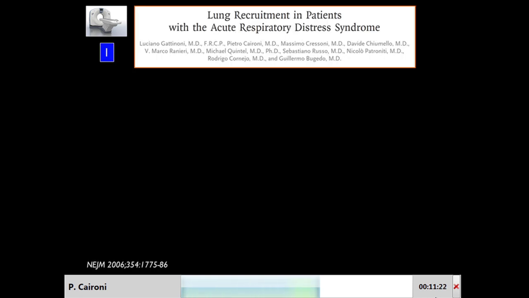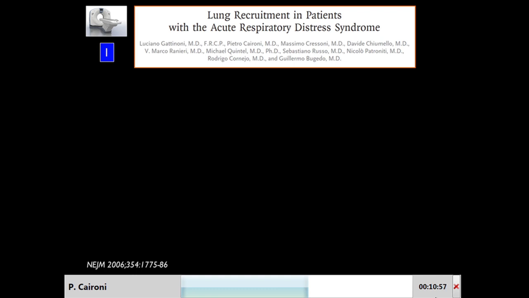And what we have learned in the past, this is a quite old study, 2006, 11 years ago. Time passed. In it we applied for the first time, to what was at that time a relatively large cohort of ARDS patients, 68 patients, whole lung CT scanning in order to estimate the maximal lung recruitability in ARDS.